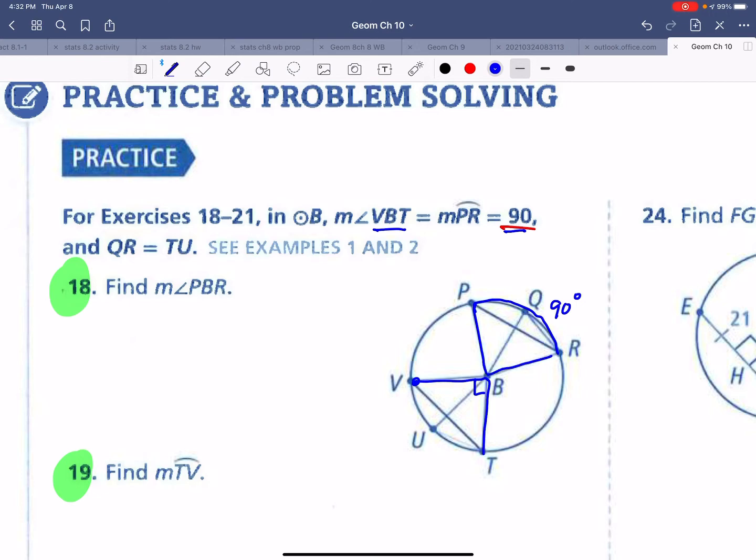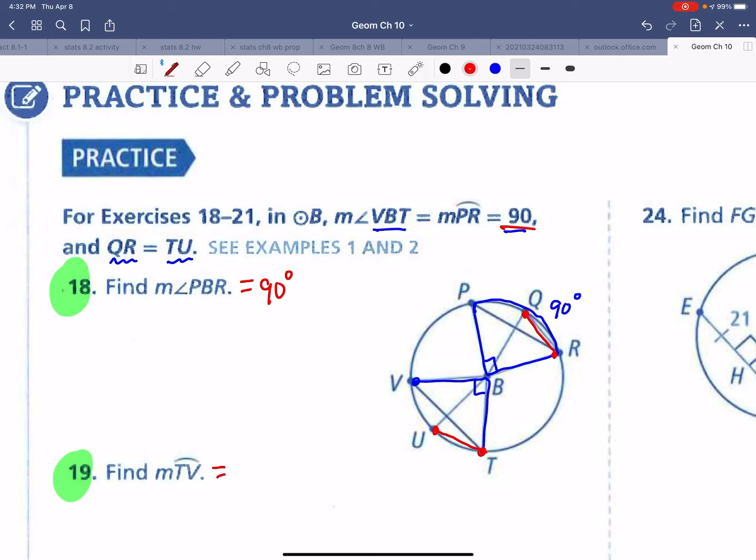So we know if the arc is 90 degrees, then the central angle is 90 degrees. And given that QR is equal to TU, so given QR, this chord is equal to TU, that chord, what conclusions can be made? So first they're asking us to find what's the measure of PBR. PBR. Okay, we already found that, 90.